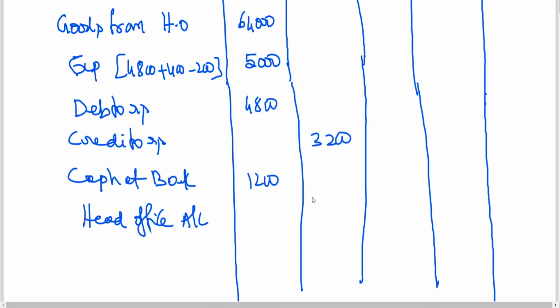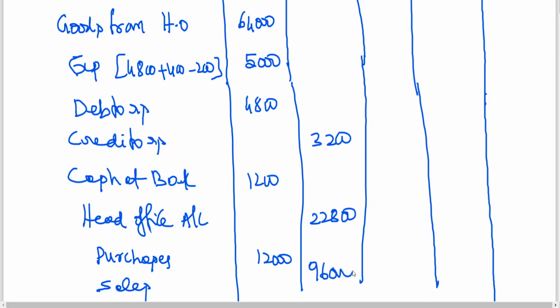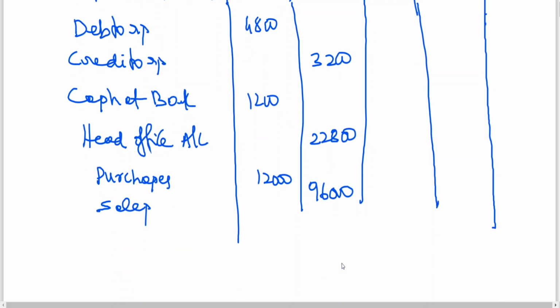Head office account 22,800. Purchases 12,000. Sales 96,000. Now you need to write outstanding expenses and prepaid expenses.